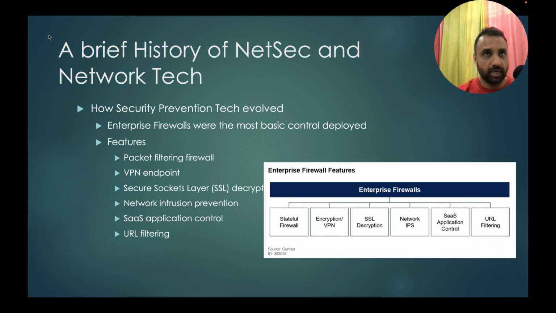On the network security side, the most basic control that any company deployed was enterprise firewalls. Essentially, what a firewall would do is inspect any packet coming into and going out of your network. It would try to decrypt it. It will look at any known intrusion signatures and block if any known signature or patterns are coming.